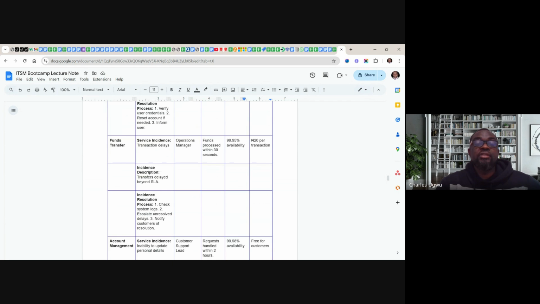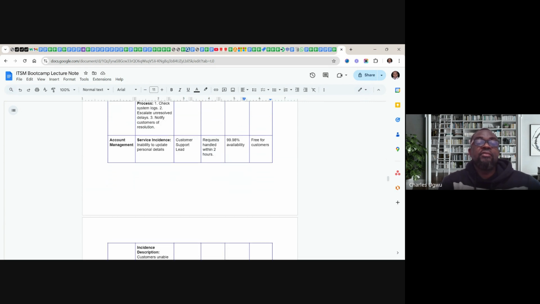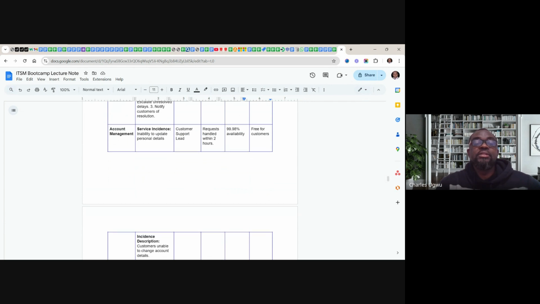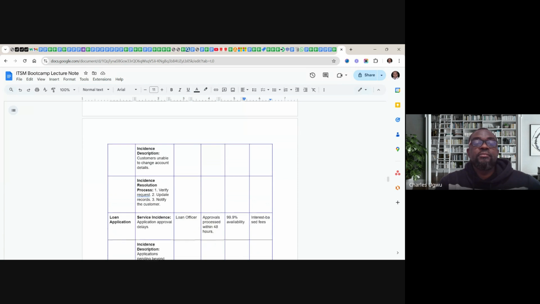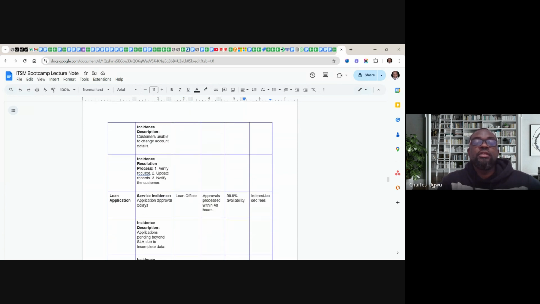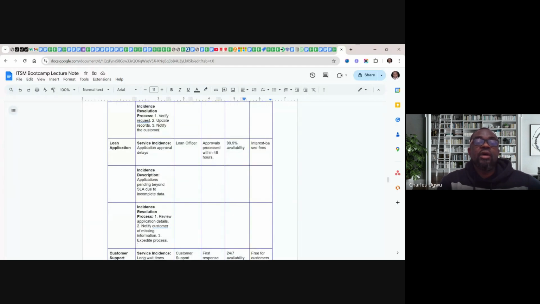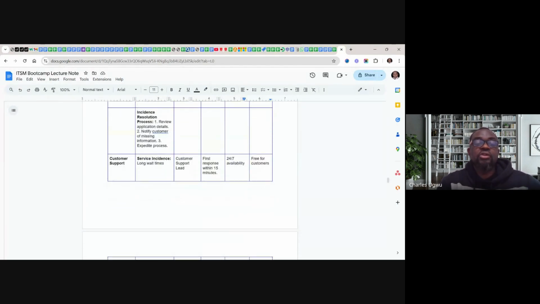Then we have fund transfer. We have different issues, like transaction delay. Then we have account management. Under account management, you have incidents like inability to update personal details, where the incident description is that the customer is unable to change their account details. We have loan application, we have customer support.